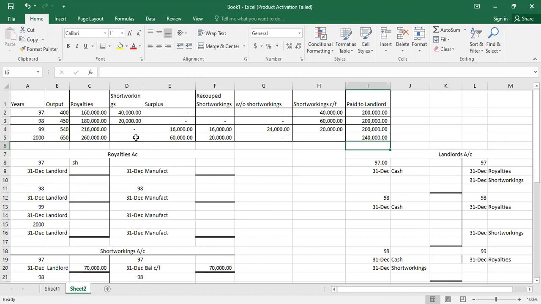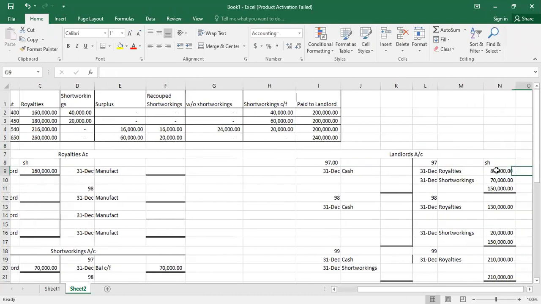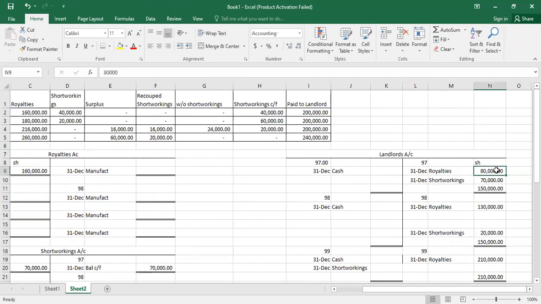So can we do now the entries? It's easier. I have the date. So this one will be, we debit the royalties, we credit the landlords, isn't it? Yeah, 160.